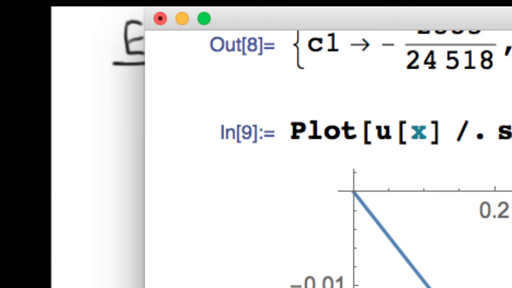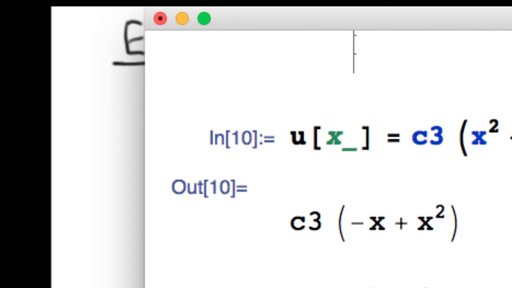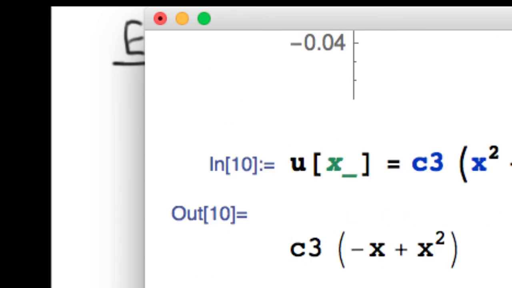Okay, so which one do you think is right? Well, they're both approximations, right? It turns out this differential equation we can solve, right?